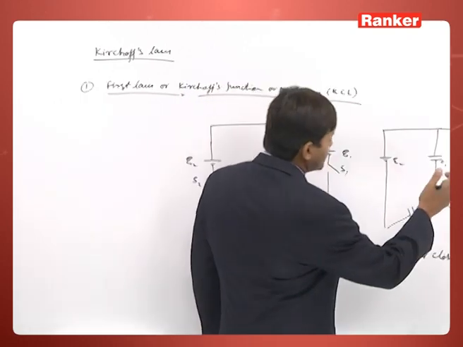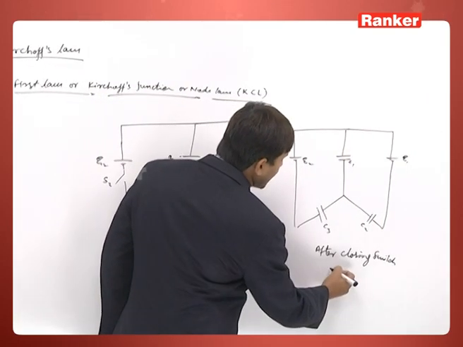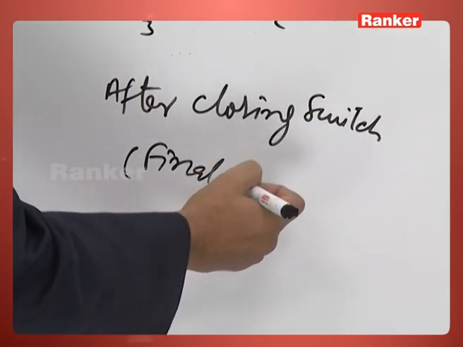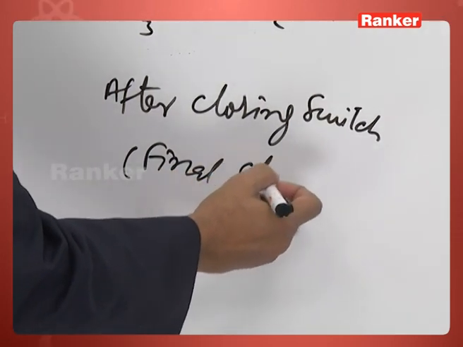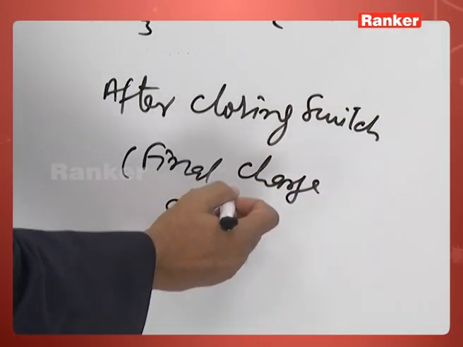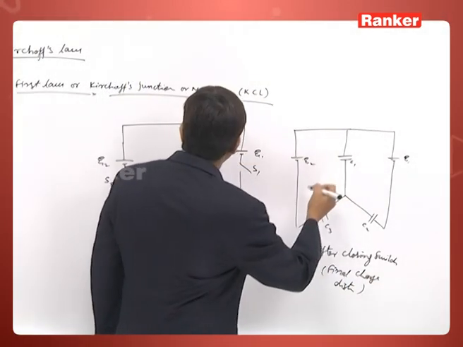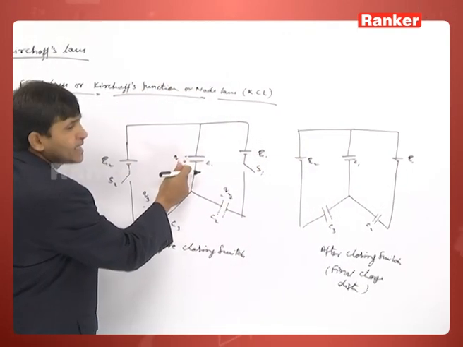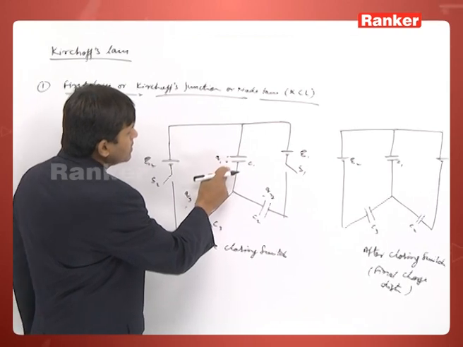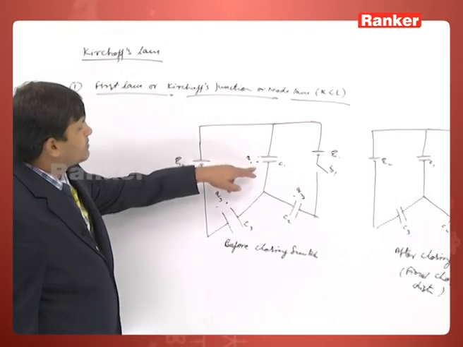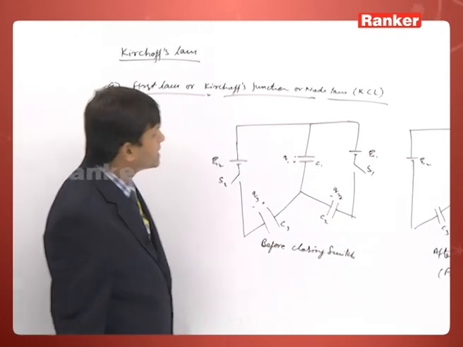This is called the final stage, the final charge distribution. In the final charge distribution, some of the plates can change their polarity also. So, we cannot say that in the final distribution the polarity of the charges will remain the same.